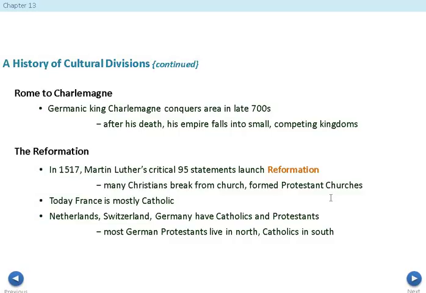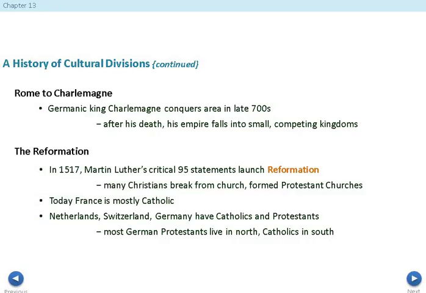And Martin Luther, of course, is going to face some backlash from the Catholic Church. It's going to bring his excommunication, and then a lot of people are going to follow, and this is where some people are Lutherans and they're going to follow his teachings.